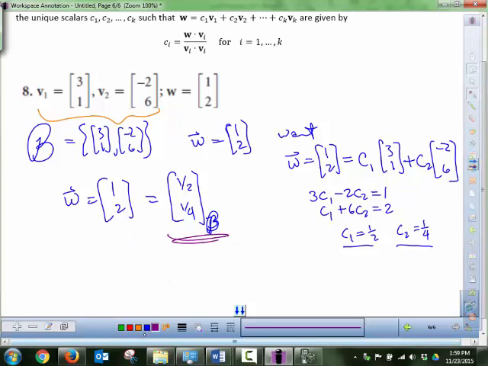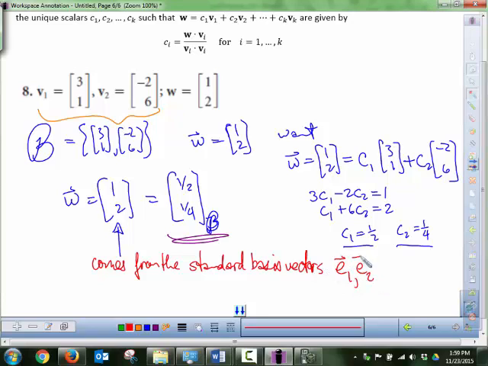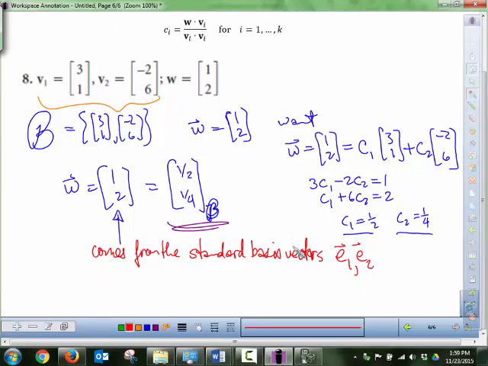The basis for this, by the way, these values come from the standard basis vectors. And in the book they call it E1 and E2. We're in 2 dimensions, where E1 is 1, 0 and E2 is 0, 1.